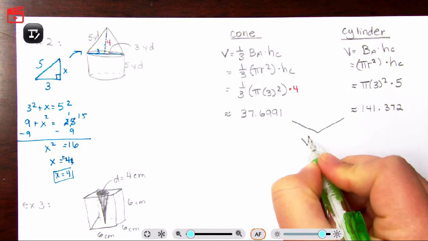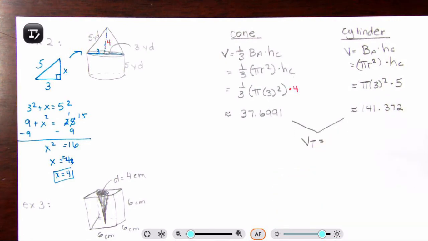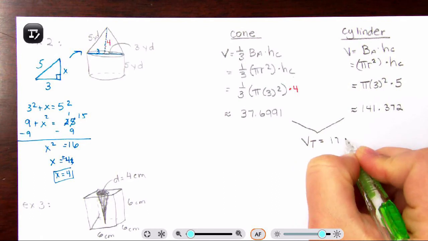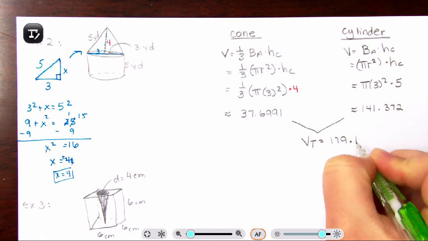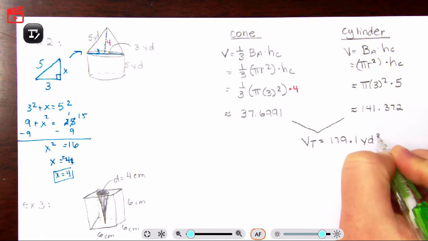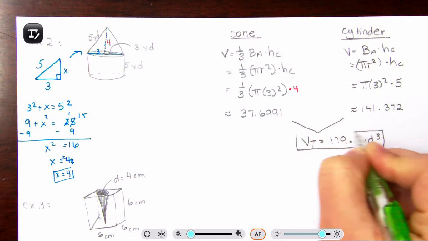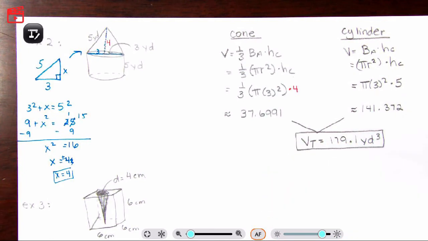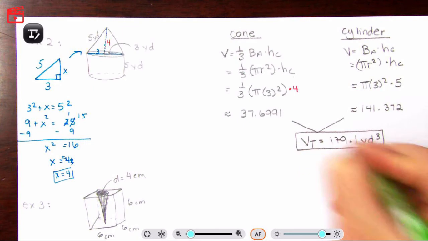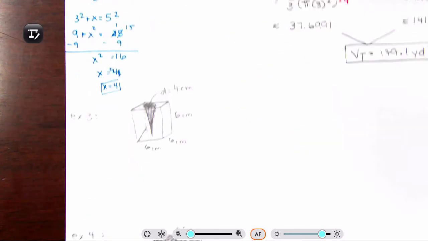We actually combined, so our total volume is 179.1 yards cubed. And that's a 7. All right, let's move on to example number 3.